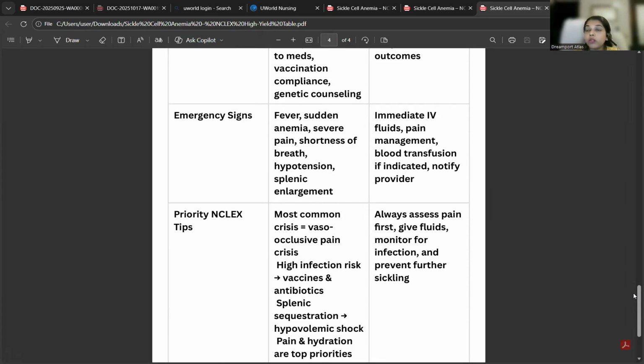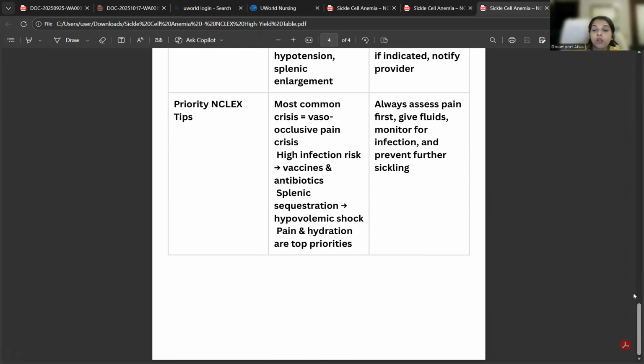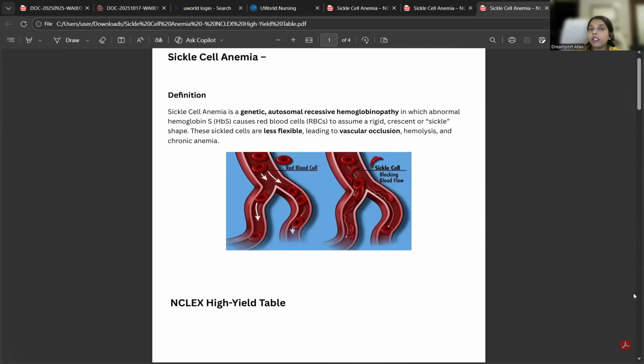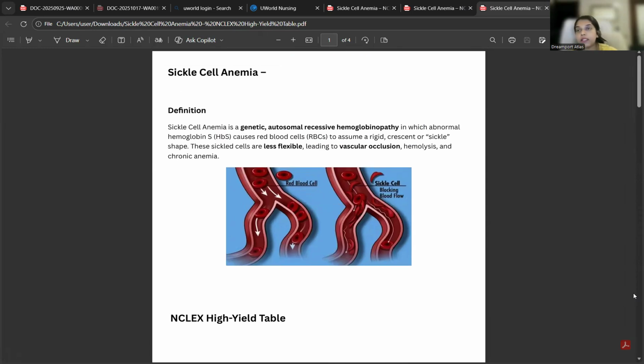And we have to monitor the client for infections, and the triggering factors should be avoided by the client, which can prevent further sickling of the RBC so that the condition will get stabilized or managed. Hope you got an idea about sickle cell anemia. Note that it is an autosomal recessive disorder.